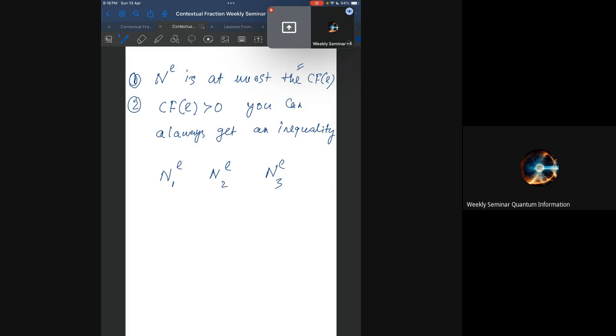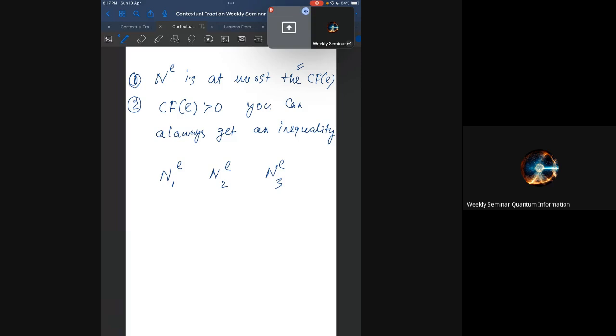In the non-contextuality scenario also, we can get some finite number of extreme points. Later, at some point, please discuss what this finite number of extreme points will be and how they will look.